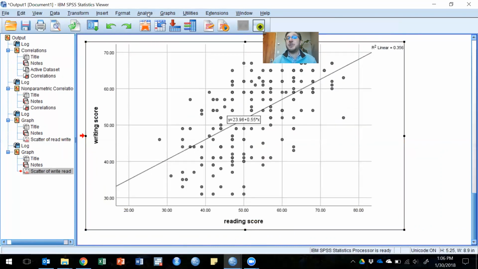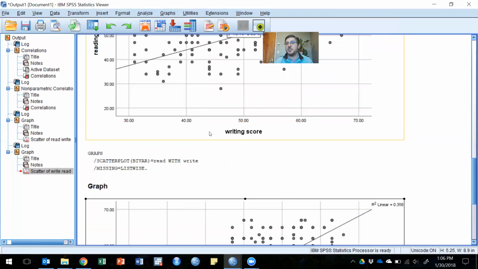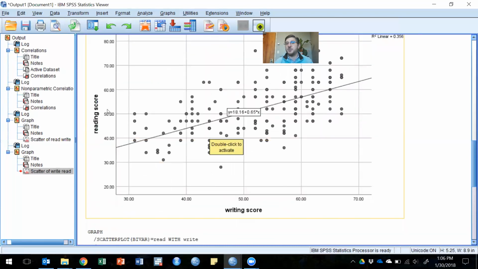So it matters how you graph your data here as to which regression line you're getting. This equation predicts writing scores from our knowledge of reading scores. This equation predicts reading scores from our knowledge of writing scores.